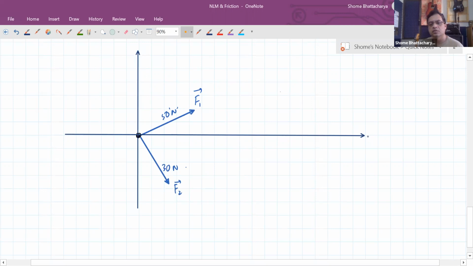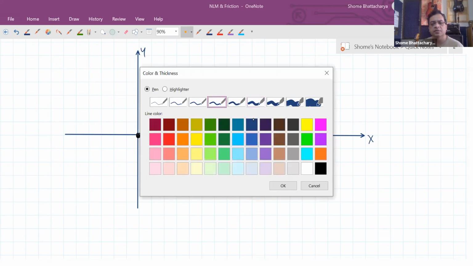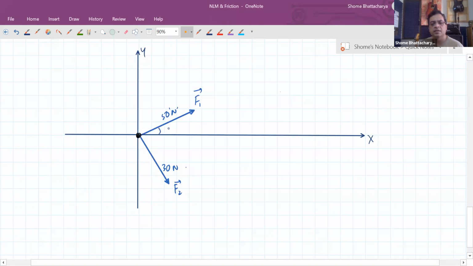So we'll take the horizontal direction as our X axis and the vertical direction as our Y axis. Now you can see that with respect to this axis, this one is at an angle alpha of 37 degrees, and this is at an angle beta, which is also 37 degrees.